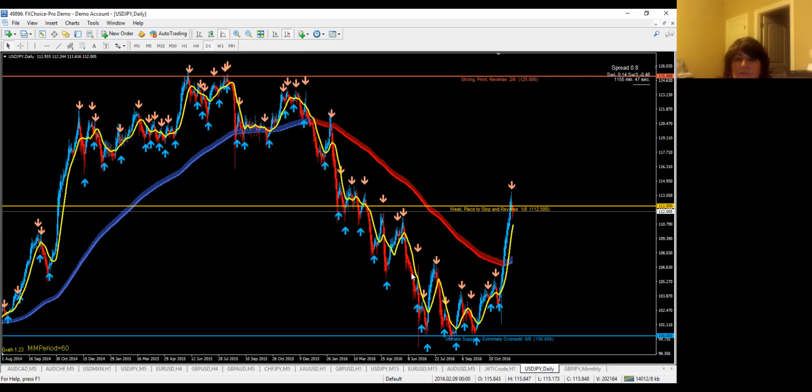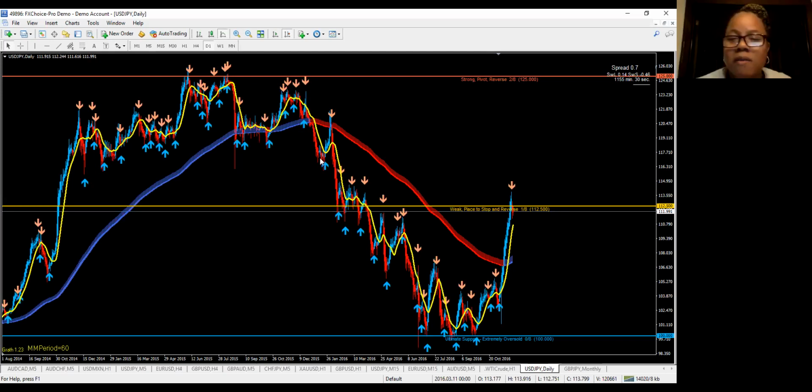So even though the trend for this is down, we can still catch it when it's retracing. So it may be in a downtrend, but when it's retracing, we can go into a buy. But still the overall trend is sell, okay?